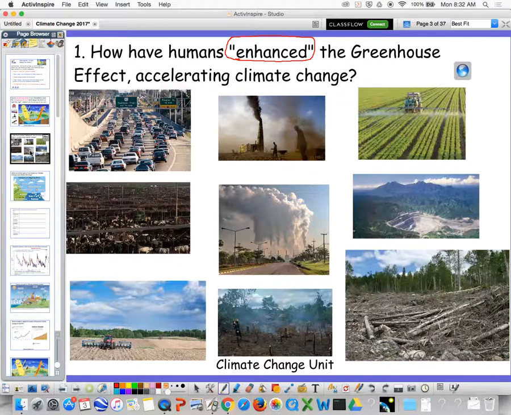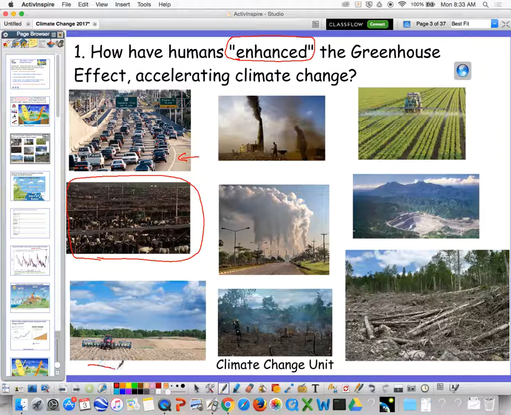Some human activities that cause greenhouse gases, you can see, include transportation. When we burn gasoline in cars, that emits carbon into the atmosphere. Then there's large-scale farming. This picture right here is of large-scale livestock, cows. Large agricultural areas tend to emit different greenhouse gases. In this case, this would be methane.